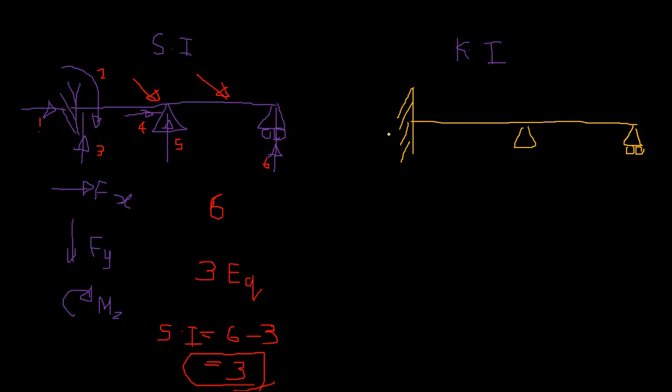If it is not allowed to rotate, theta here is 0. If it is not allowed to translate in x and y direction, the deflections or translations are 0. So here the three deflections.